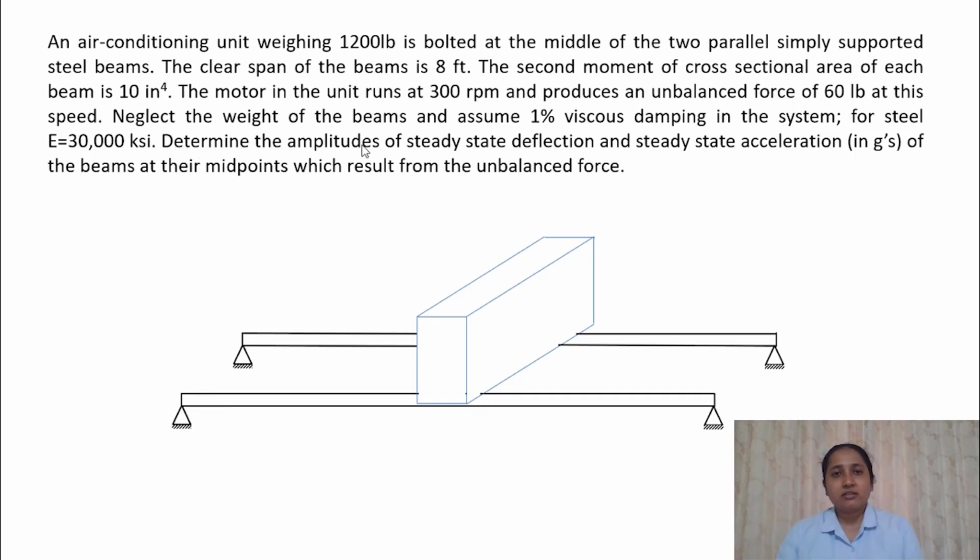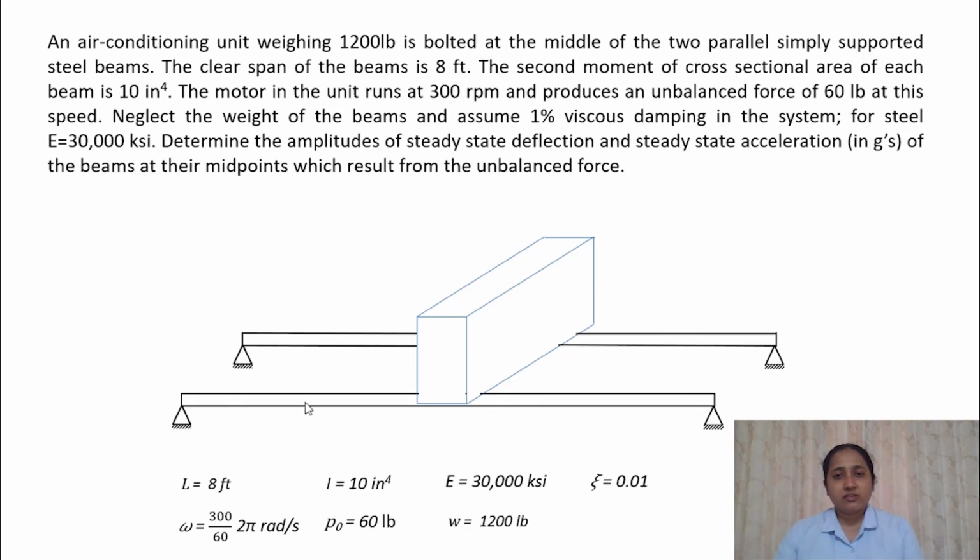Determine the amplitudes of steady state deflection and steady state acceleration of the beams at their midpoints, which result from the unbalanced force. So this air conditioning unit is rotating with some speed which is given, and that causes an unbalanced force. The amplitude of the force is also given. So this unit is imparting a harmonic force on the beams.